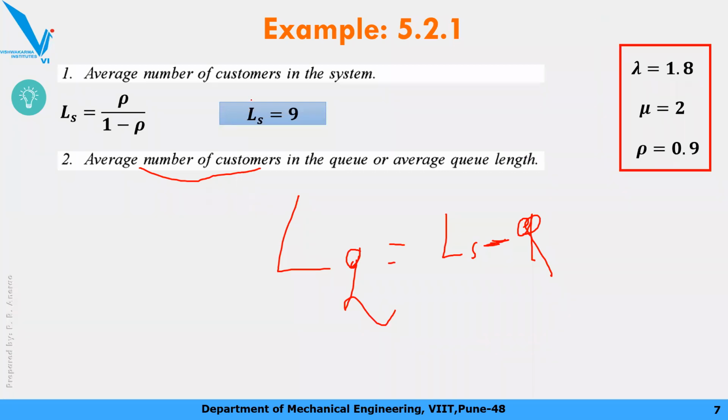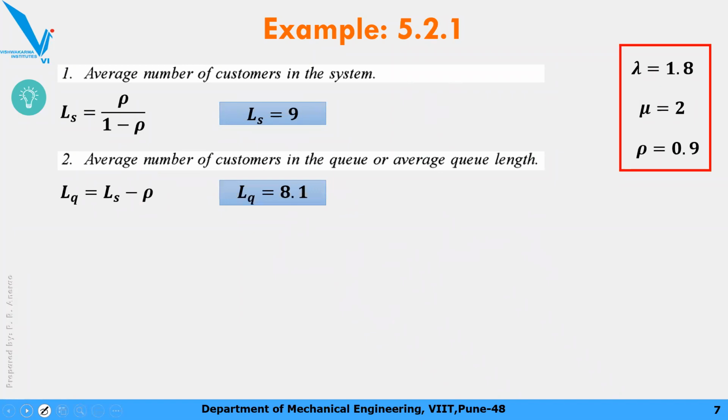See, a total of 9 customers are available in the system, right? So out of these 9, one customer may be getting served. So only 8 customers are in the queue. ठीक है, और अपना आंसर कितना आता है 8.1, because here we have not made any assumption, directly we have calculated based on the utilization factor. So it will be 8 and more than 8.